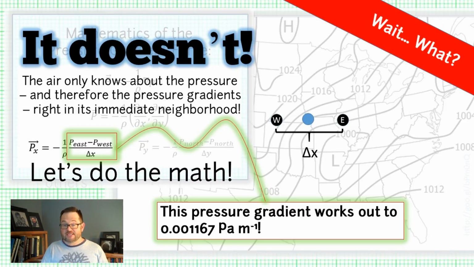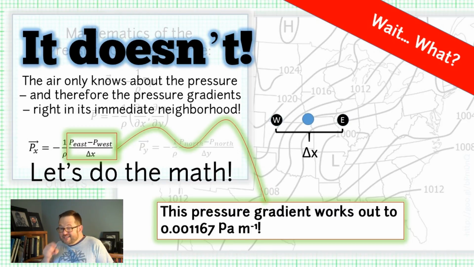That is my pressure gradient. The gradient, how much pressure is changing over a distance, is 0.001167 pascals per meter. Every 1 meter, there's just a teensy little difference in the pressure.